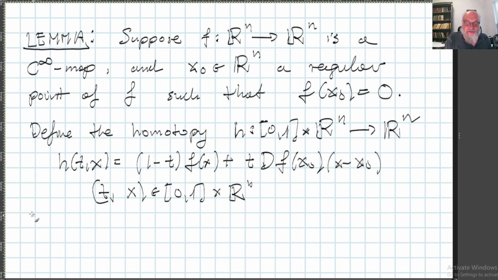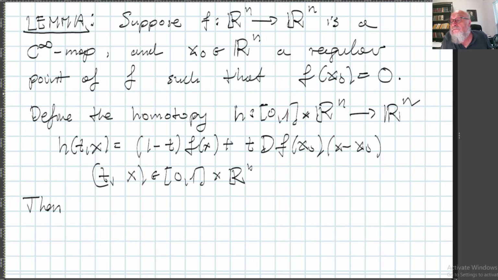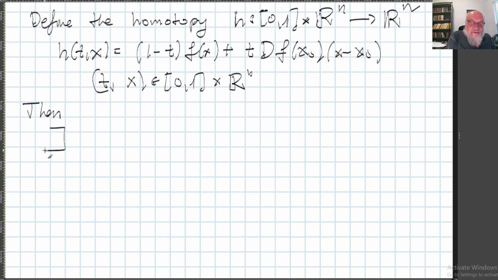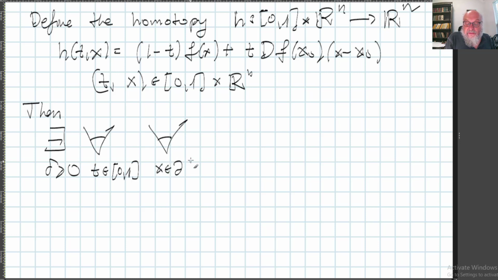Then the statement is the following. There exists a delta larger than 0, such that for every t belonging to [0,1], and for every x belonging to the boundary of the delta ball at x naught, we have here that H of t, x is different from 0.